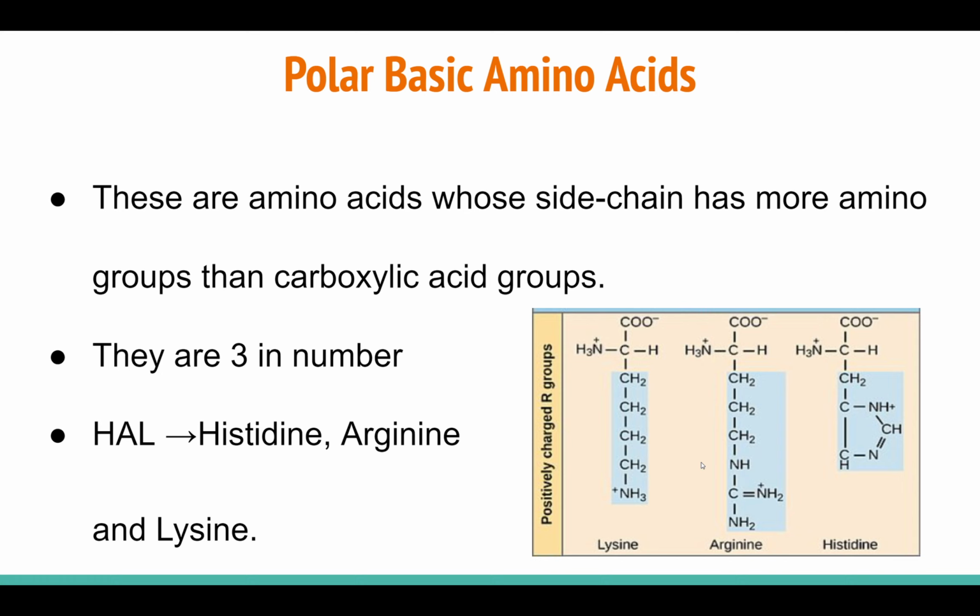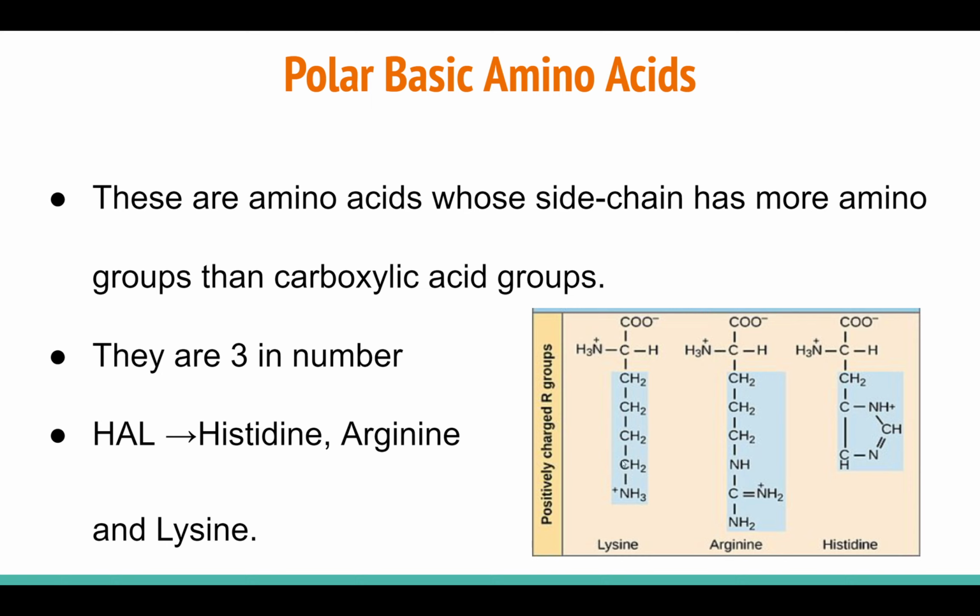And then the polar basic amino acids are those amino acids whose side chain have more amino groups than carboxylic groups. And it should be noted that the net charge on a polar basic amino acid is positive. There are three of them in number, and I have abbreviated them as HAL, which is histidine, arginine, and lysine.